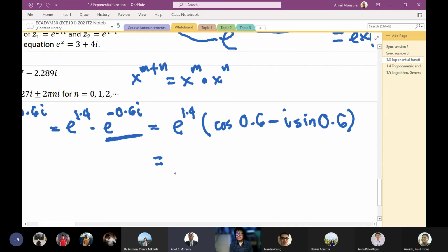Again, final answers for this kind of problem should be written in rectangular form, unless otherwise stated by the problem. Is that clear?